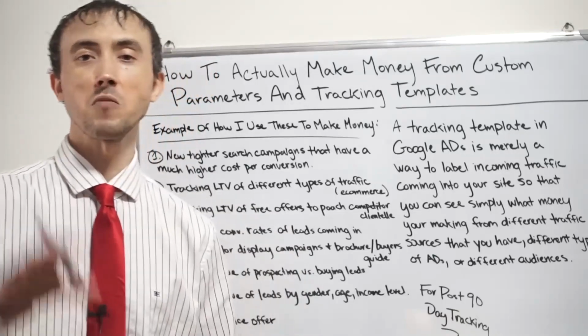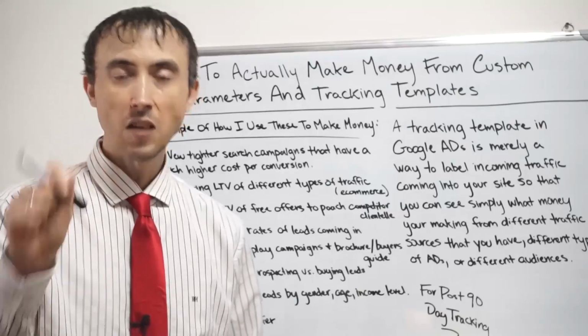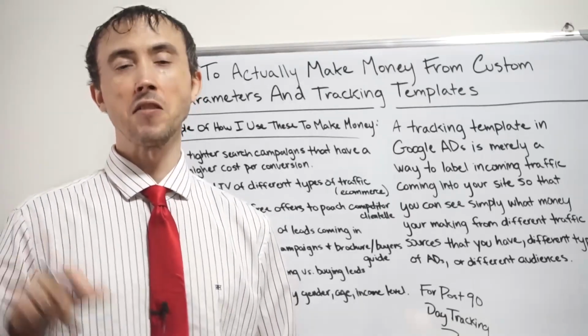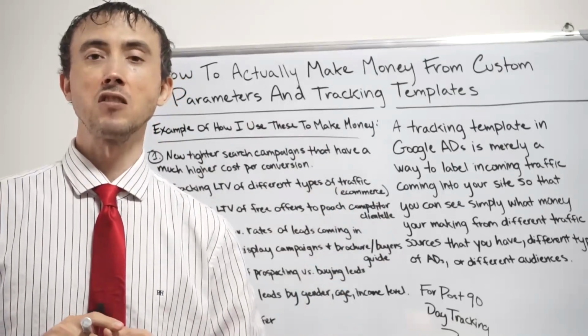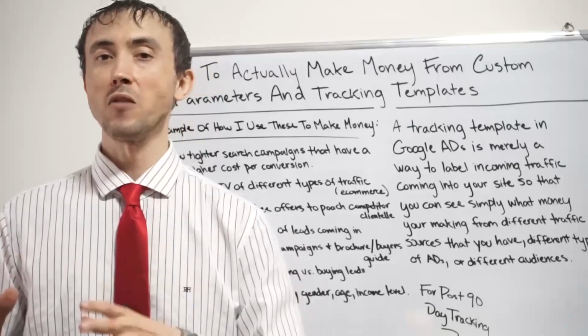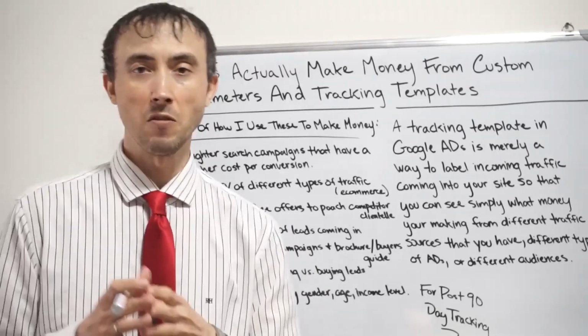So just by looking at your customer database or CRM, you could tell the customer that came from a competitor audience versus a non-competitor audience, which ones are which, basically, in terms of evaluating the lead quality from one to the other or customer quality from one to the other.